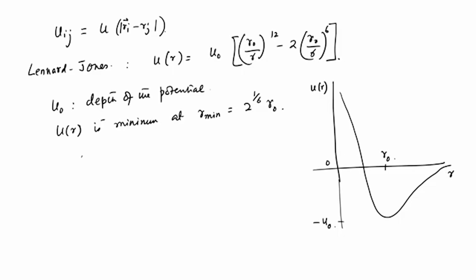For R less than R 0, we call it repulsion, and as R becomes close to 0, it becomes strongly repulsive. For R greater than R 0, it is attractive. Okay.